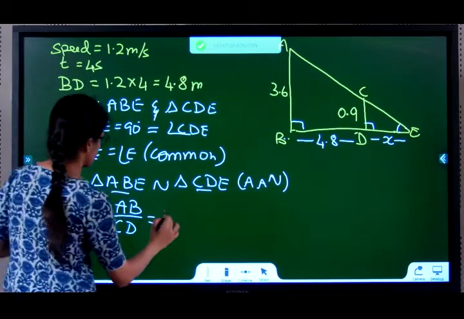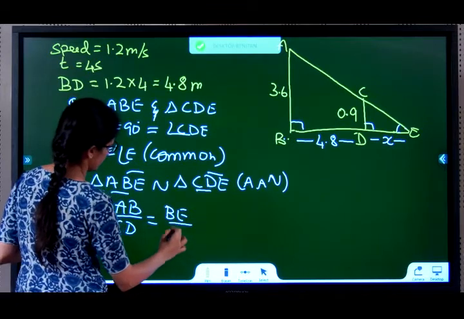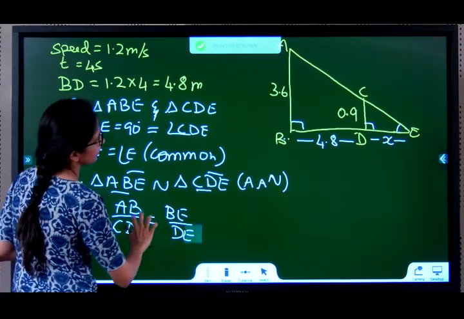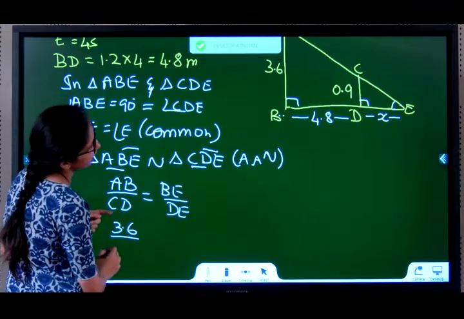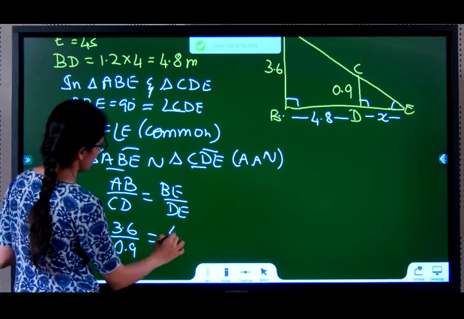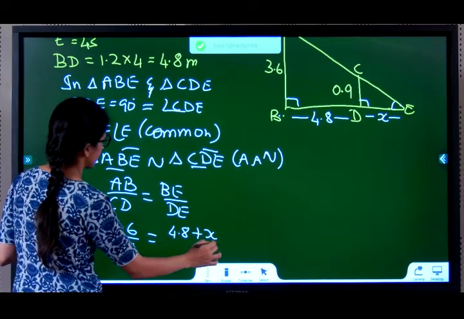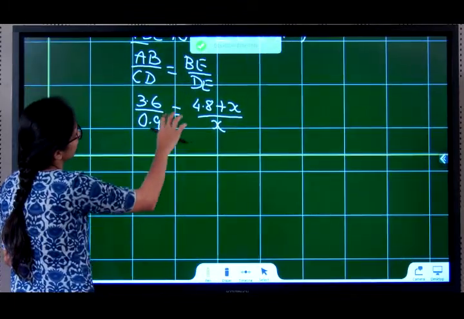BE here is nothing but DE there. Now, substitute. AB is 3.6, CD is 0.9, BE is 4.8 plus X, DE is just X. Solve for X, that's your answer.